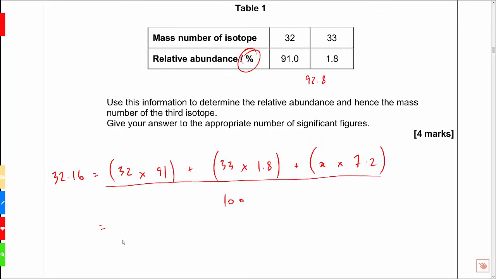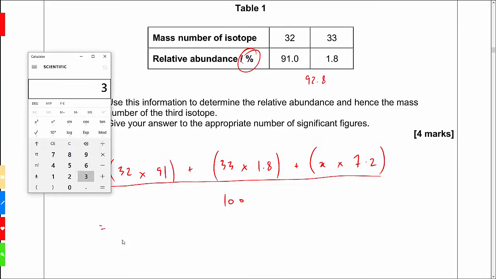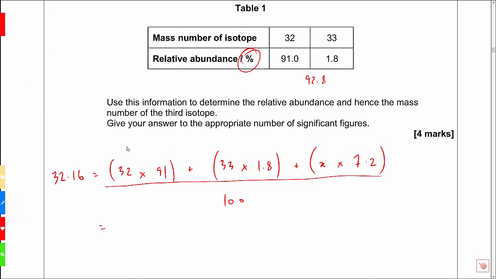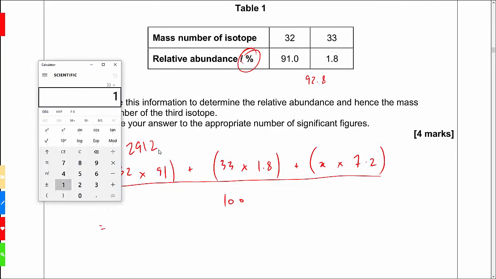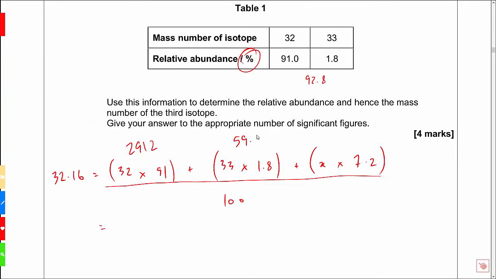Divide by 100, and again, we get our calculator out and we say, right, 32 times 91, 2912. 33 times 1.8, 59.4, it's a tiny number. Just check we've done this one right, so X is going to be our unknown, and 7.2 is the difference there, yeah, right.